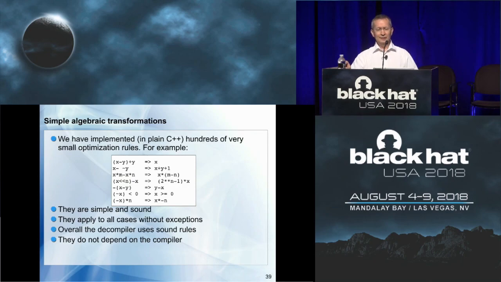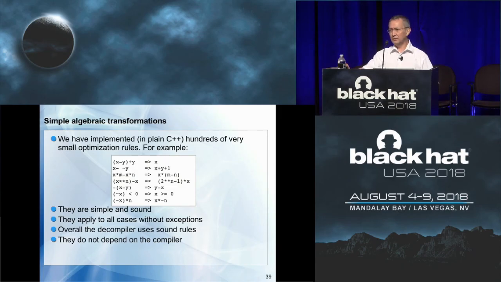We have literally hundreds of very small and sane optimization rules. For example, if you have x minus y plus y, it is the same thing as x. Please note that this does not depend on the compiler. We don't care if it's a GNU compiler or Microsoft Visual Studio or anything else, or LLVM.